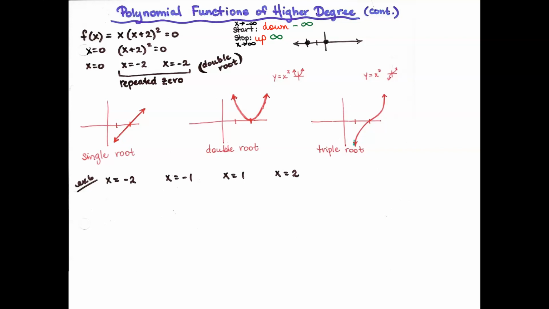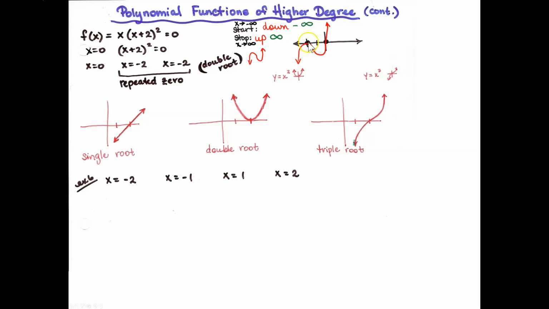Turn. So we've already said that we know that this is going to start down and stop up, and it's going to turn 2 times, so I know its basic shape. I also know that it has a repeated x-intercept, a double root at -2, and a single one at 0. All right, so I'm going to start down.